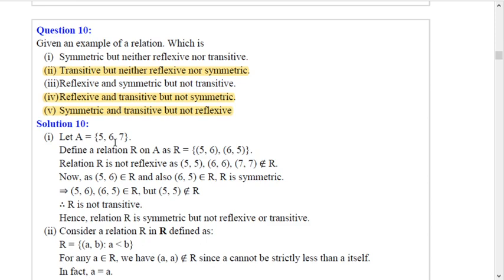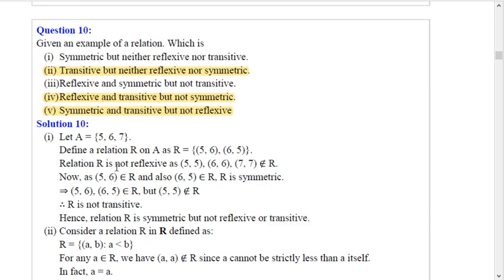The relation R on the set: (5, 6), (6, 5) we have chosen. For symmetric, the inverse also exists here, meaning (5, 6) and (6, 5) both exist. So this is symmetric.